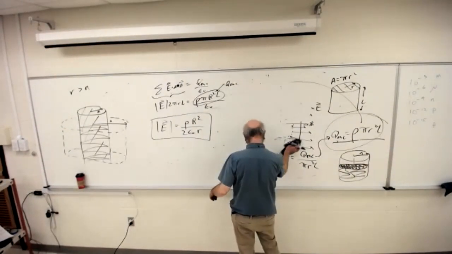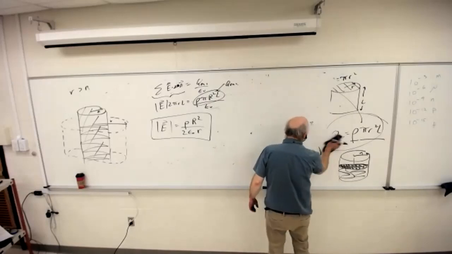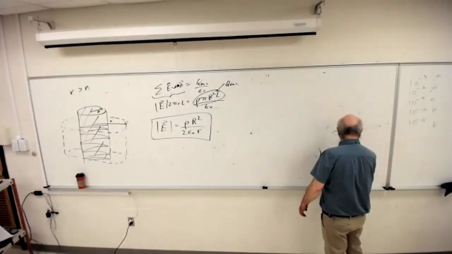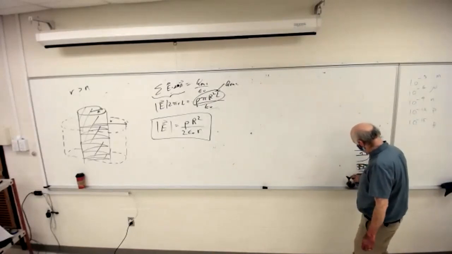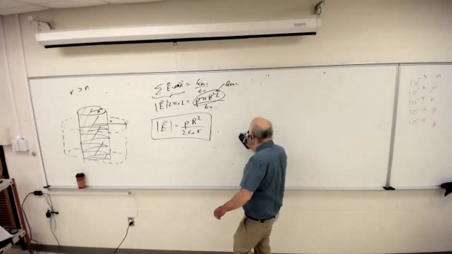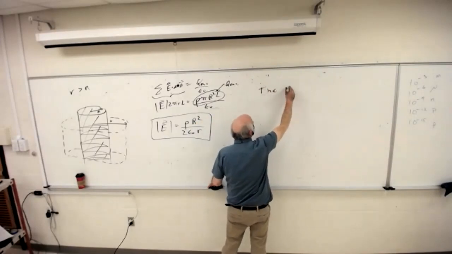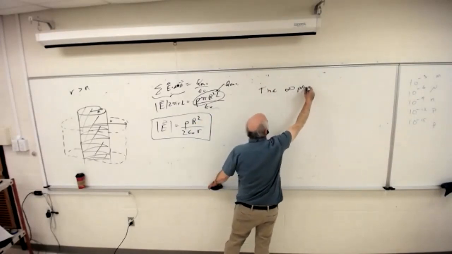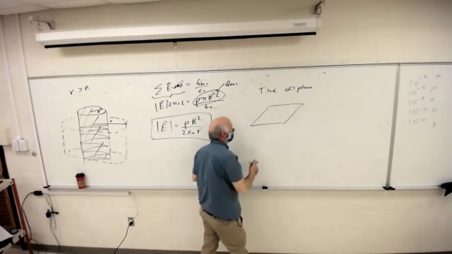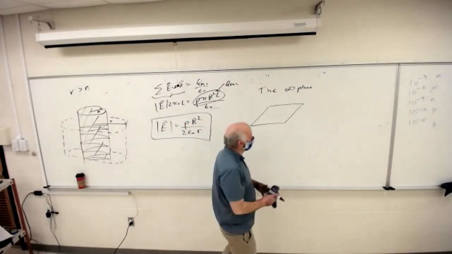The infinite plane. Here's a piece of paper like this. Obviously, I can only draw a finite thing. We're going to assume this is uniformly charged.